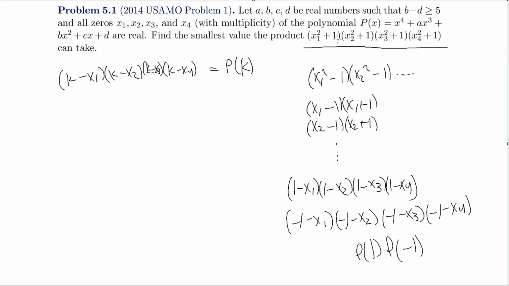And then that's when we realize that we can just use the factorization x1 plus i, where i is the imaginary number square root of negative 1, then x1 minus i.